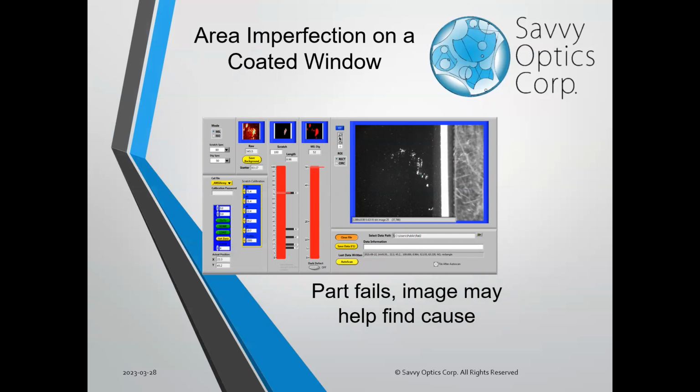But one of the reasons we use the Savvy Inspector is so that we can document possible rejections, and the documentation allows the manufacturing engineers to maybe figure out what caused this, do some forensics on this particular part. So in all these cases, these are all screenshots that could be stored and reviewed later for an MRB decision or for a root cause corrective action.